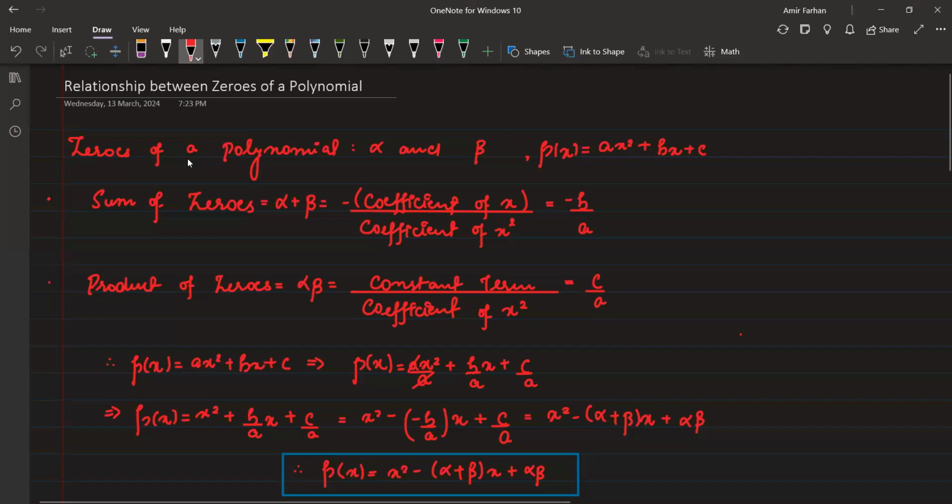Yes, sir. Okay. Next is the product of zeros. The product of zeros is nothing but alpha into beta. When you multiply those values of x, you get the product of zeros. It's nothing but the constant term divided by the coefficient of x square, that is c by a. Clear?